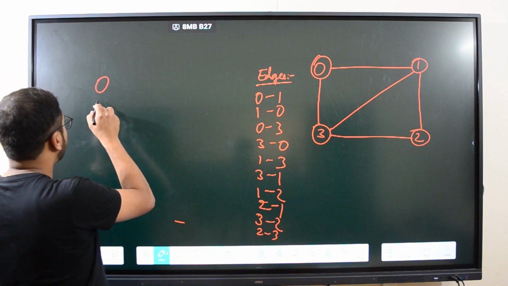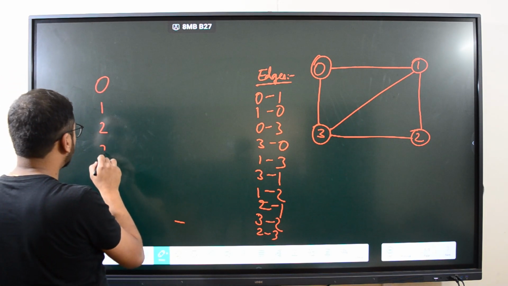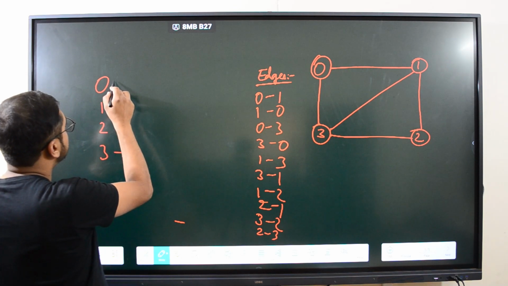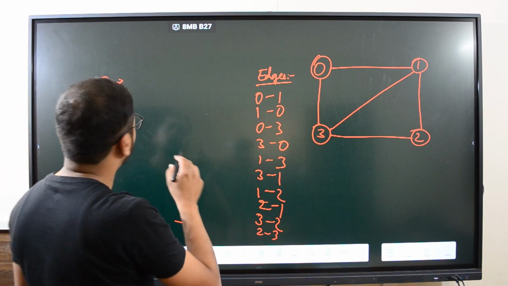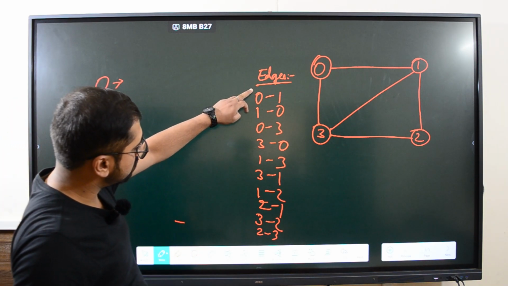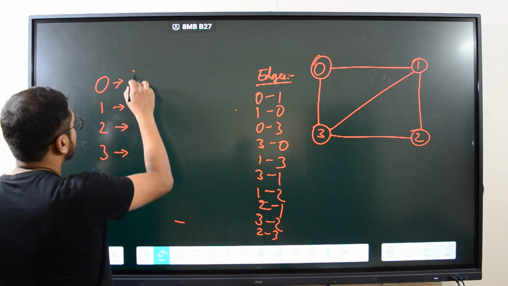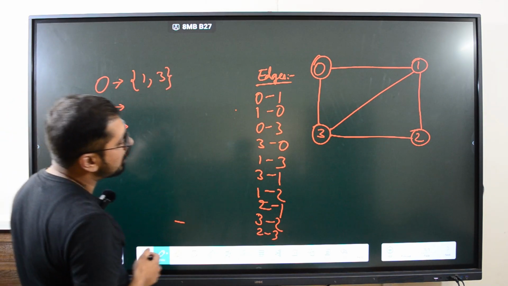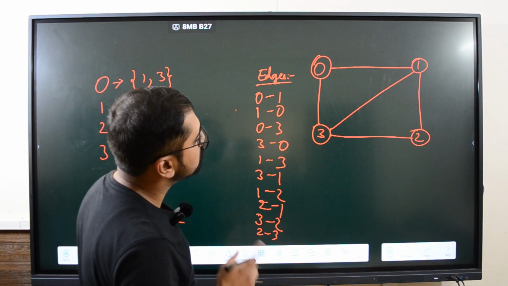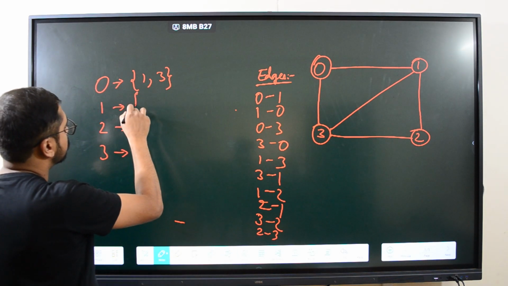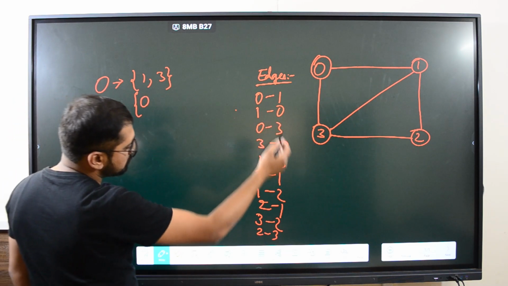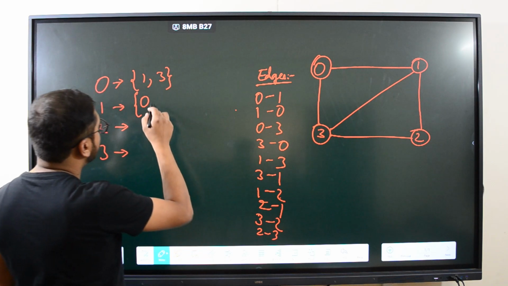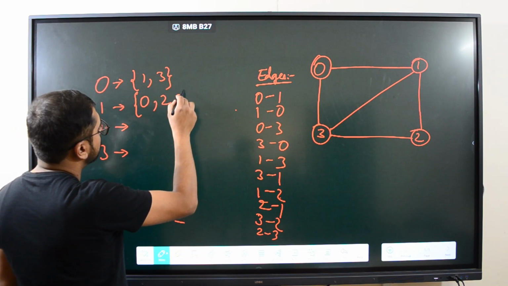From nodes 0, 1, 2 and 3, we have all the edges here. From 0 we have edges to 1 and 3, so here it comes as 1, 3. From 1 we have edges to 0, 2 and 3, so here we write 0, 2 and 3.